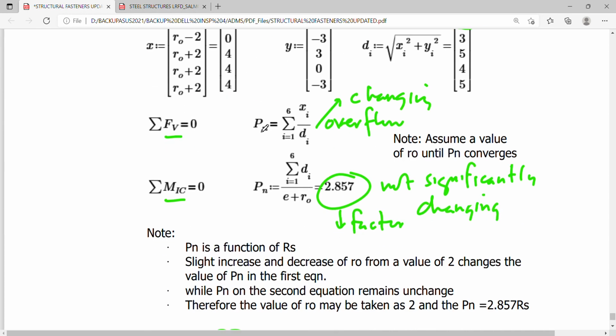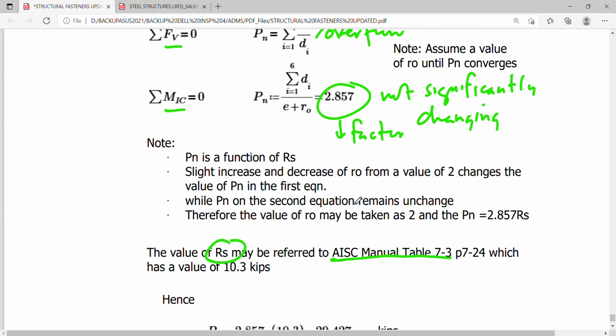And therefore, if we look into that scenario, we can simply solve for Pn by multiplying the value of 2.857 to Rs, which comes from the AISC table and happens to have a value of 10.3 kips.